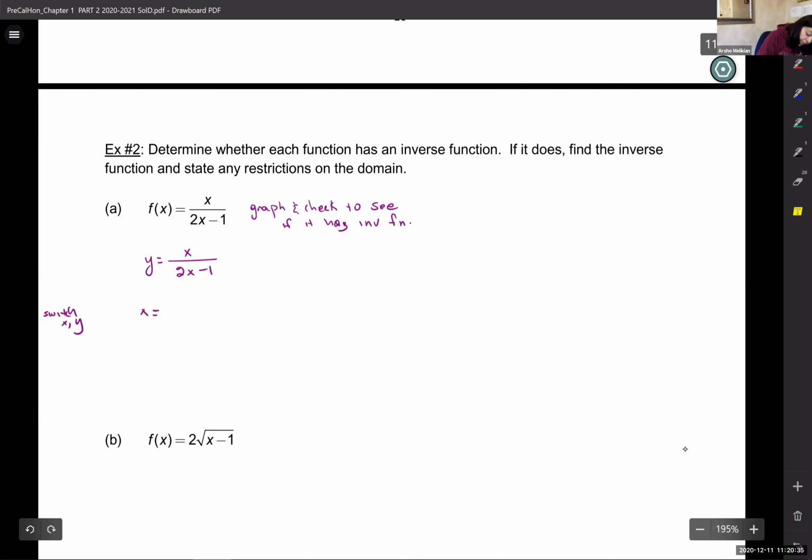So this becomes x equals y over 2y minus 1. Then you solve for y. So I'm going to cross multiply here. 2xy minus x is equal to y.